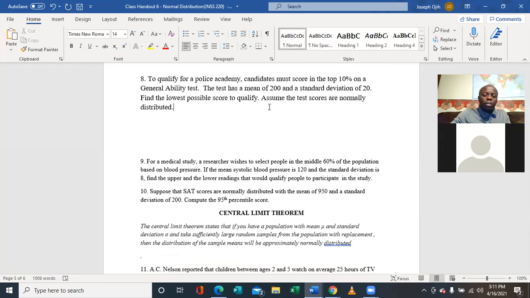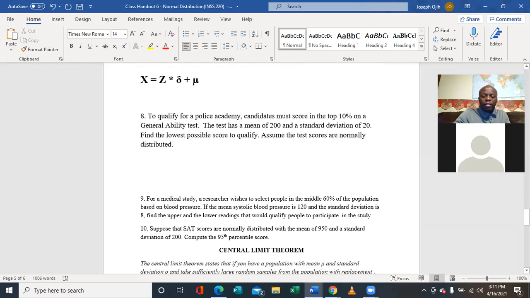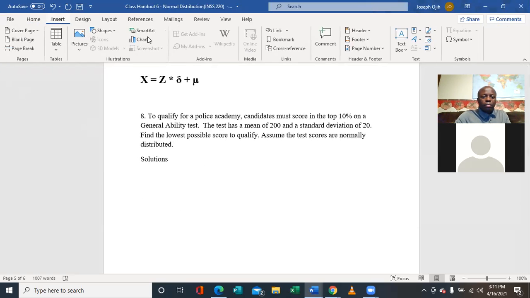So again, knowing that we are going to use this formula, the first thing we do is draw our chart. I'm going to put solution here. We're given the mean and the standard deviation.